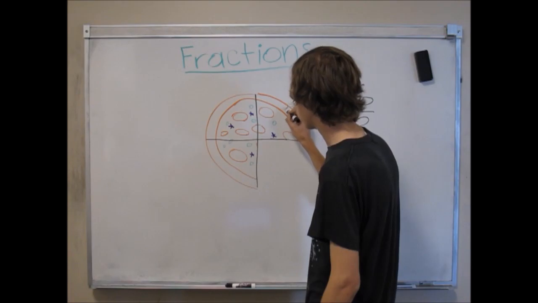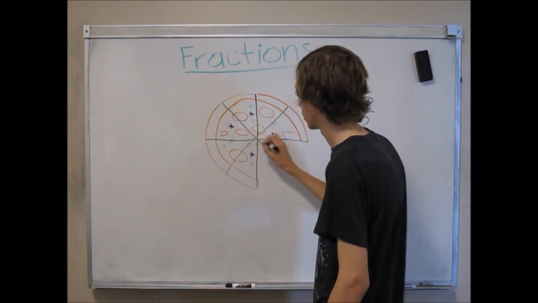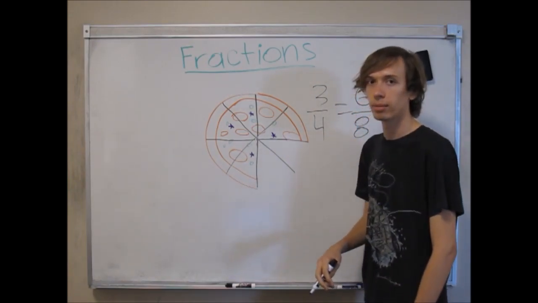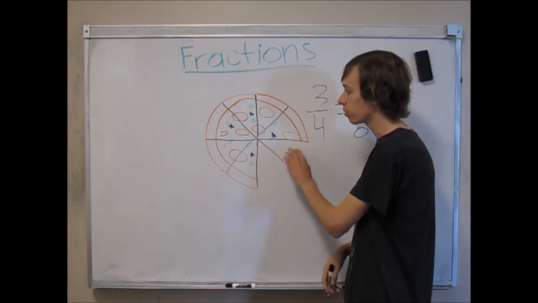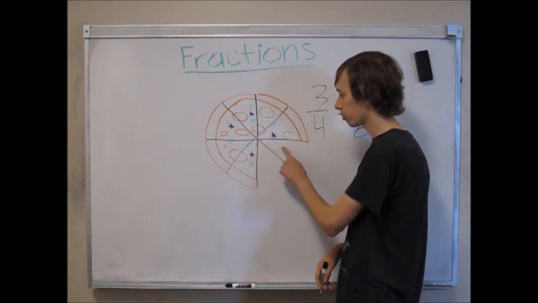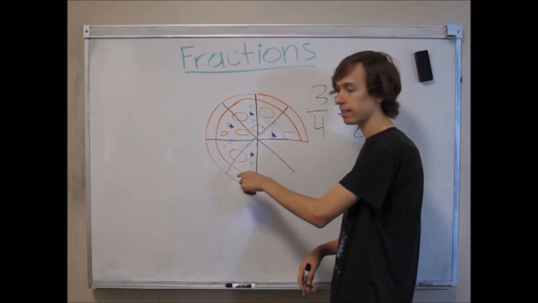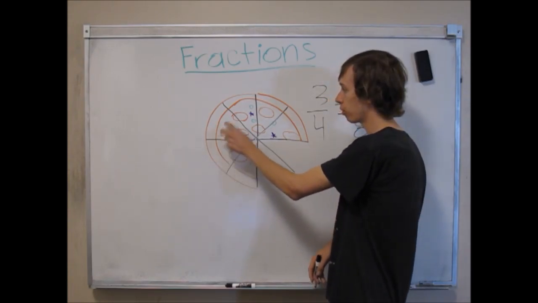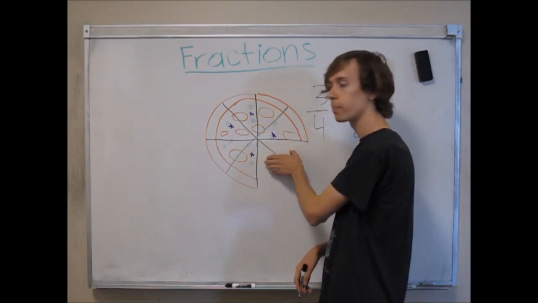If I were to slice this pizza 2 more times, now we have a pizza with 8 equal slices. There's these ones we're missing, but there's 1, 2, 3, 4, 5, 6, 7, 8, right? Except we only have 1, 2, 3, 4, 5, 6 of them left, right? Remember one of our friends stole a piece from us?